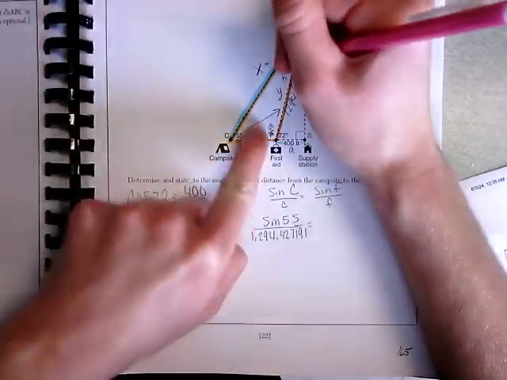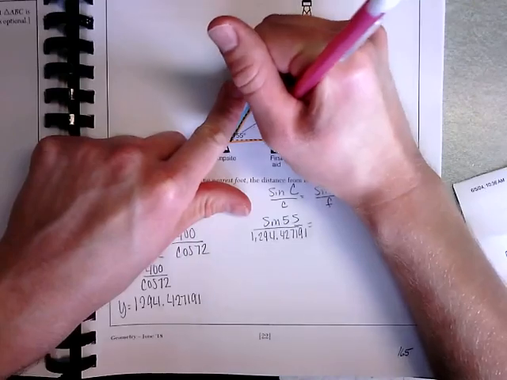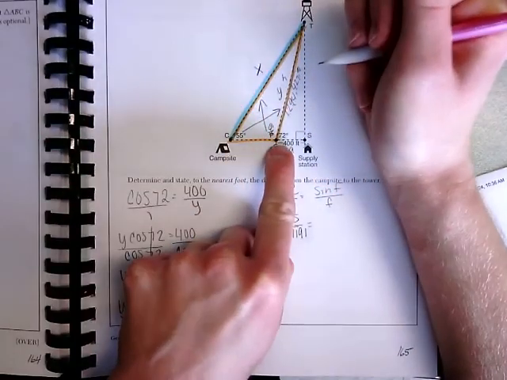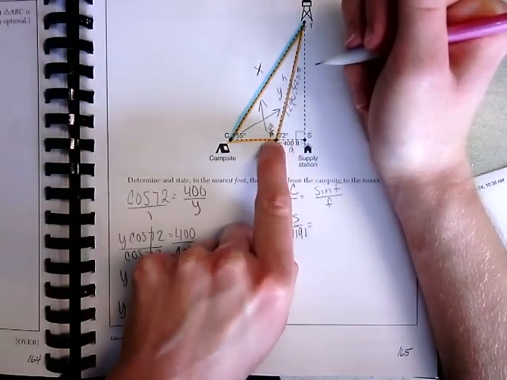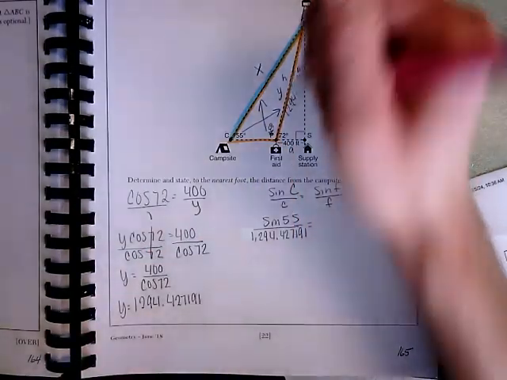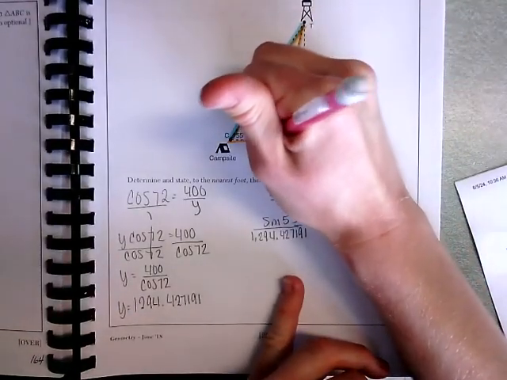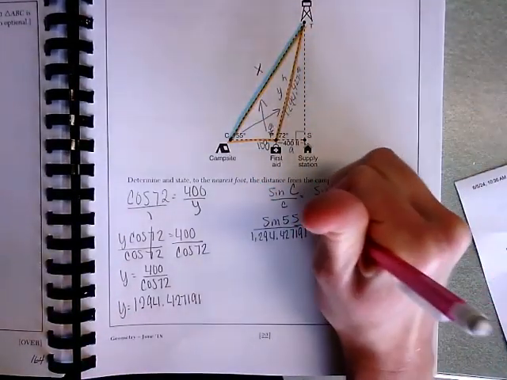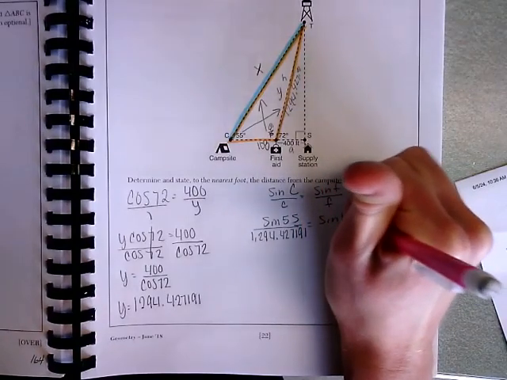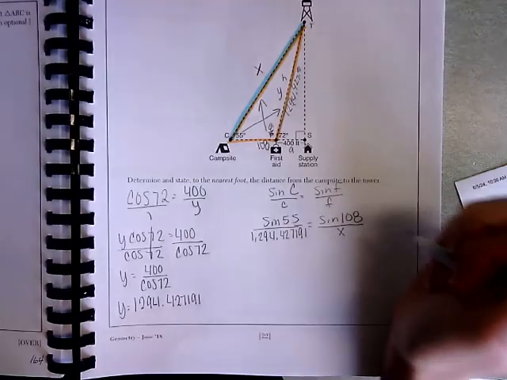Now, since I want to find this side, I need to use this angle. These two angles right here, the 72 and the one we need, are supplementary. So 180 minus 72 gives us 108. So the next thing I'm going to do is use sine of 108 over x.